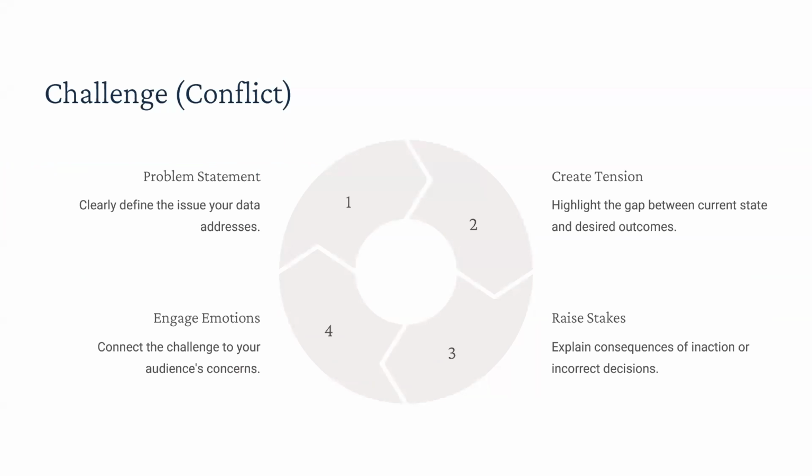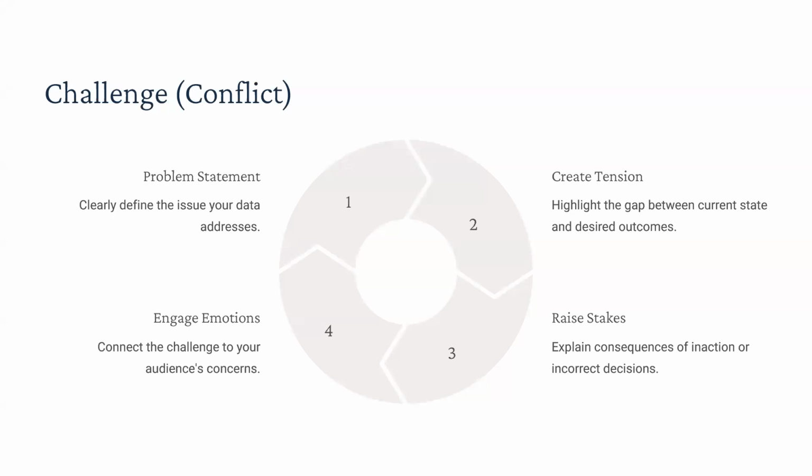Once we set up the stage and the audience starts to be in line with our story, we can reveal the problem statement by defining the data and creating some tension by highlighting the gap between the current state and our desired outcome.